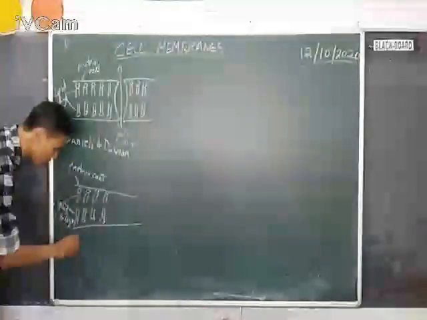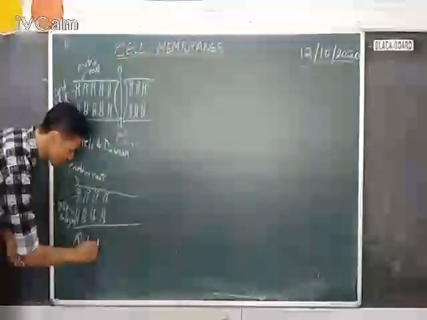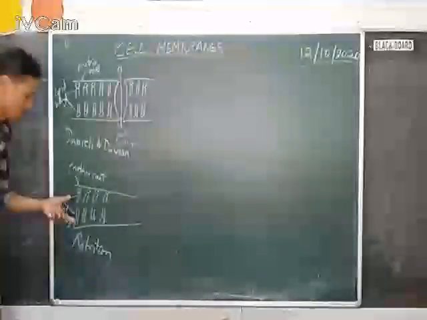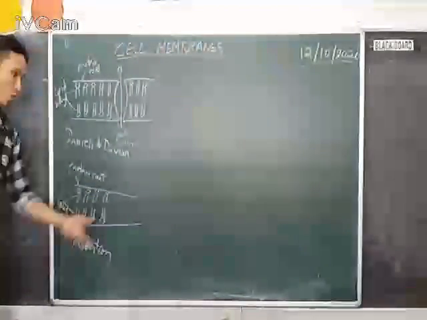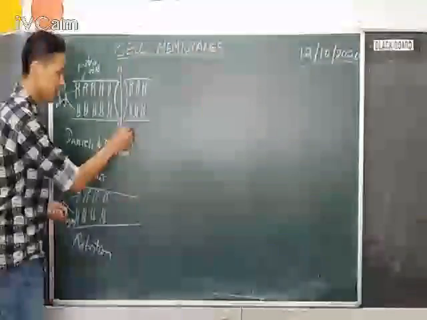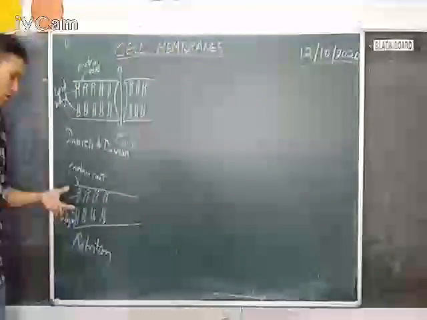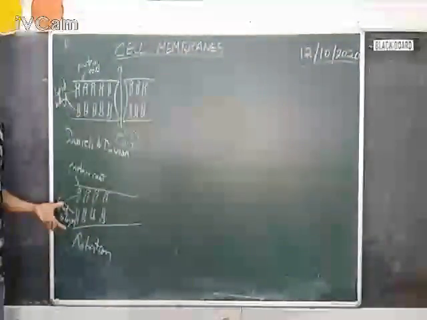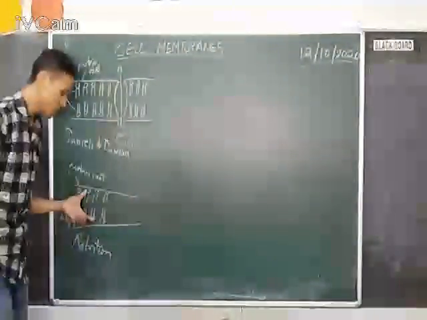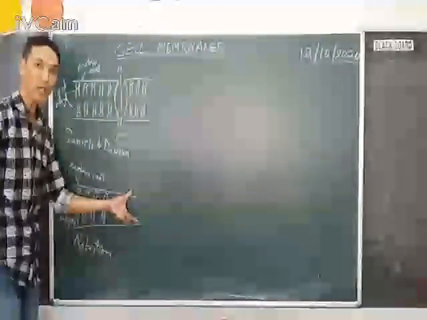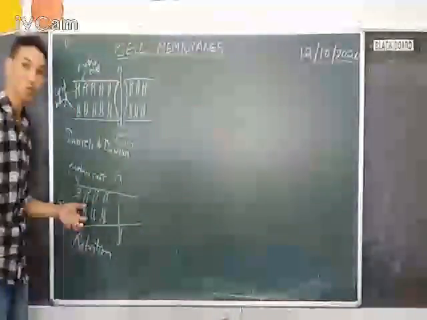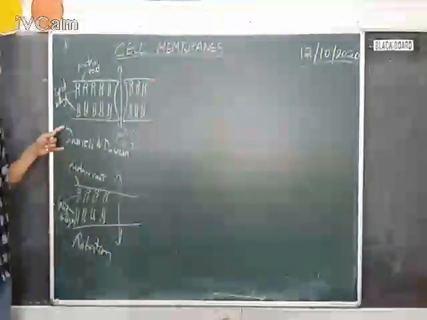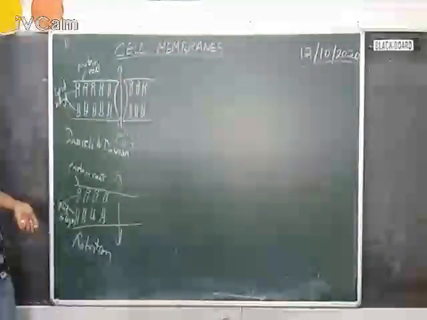But according to Robertson, the lipid bilayer is covered continuously by a protein coat. That means there are no polar pores. Again, this model is also not widely accepted because if there is a continuous protein coat over the lipid layer, there would be no movement of substances through the cell membrane. So these two models are not accepted.